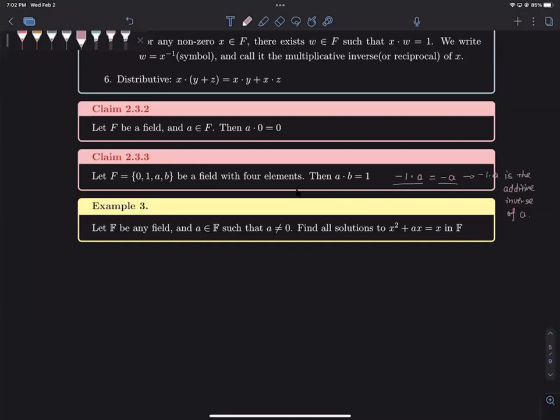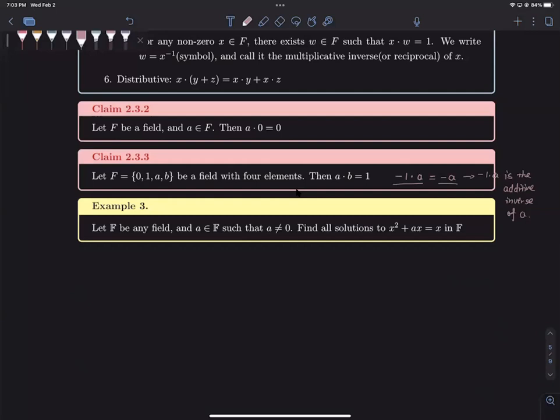Why is negative 1 not in the field? What do you mean? I mean, why can't you use distribution? Is it because it's not in the field? Oh, because negative 1 is not really a number.